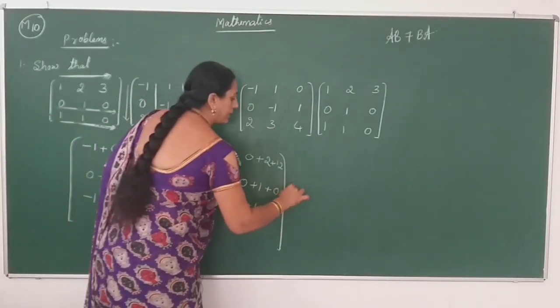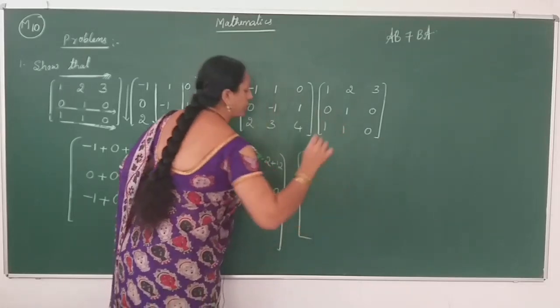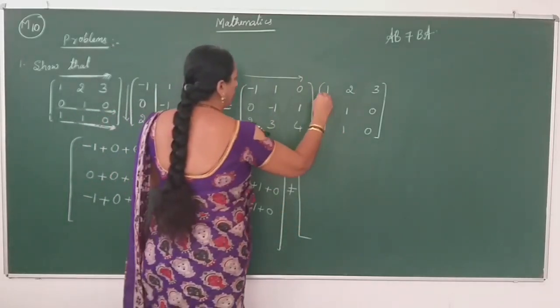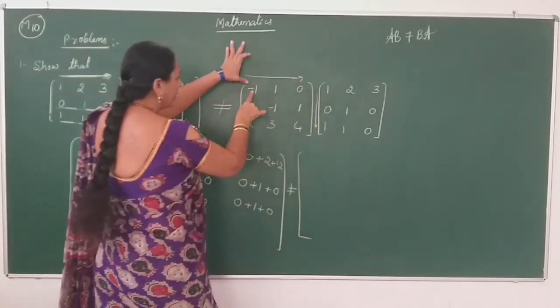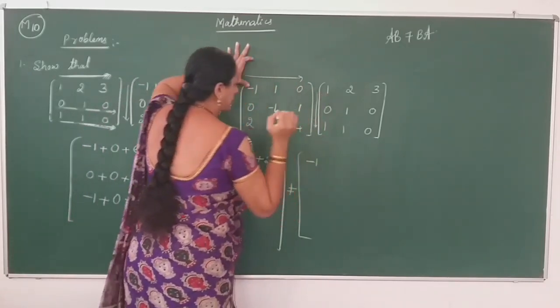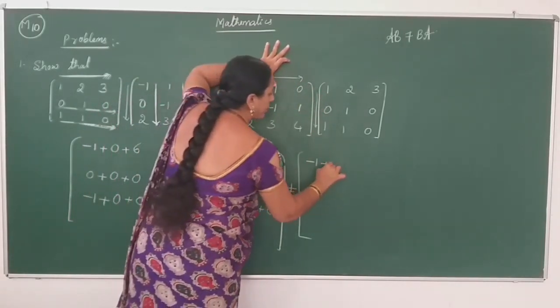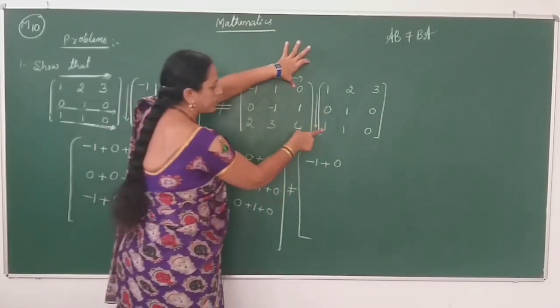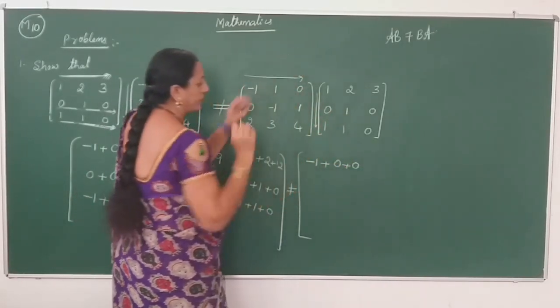So similarly, on the right hand side, these two are also multiplied. First row, first column: minus 1 into 1 is minus 1, plus 1 into 0 is 0, plus 0 into 1 is 0.